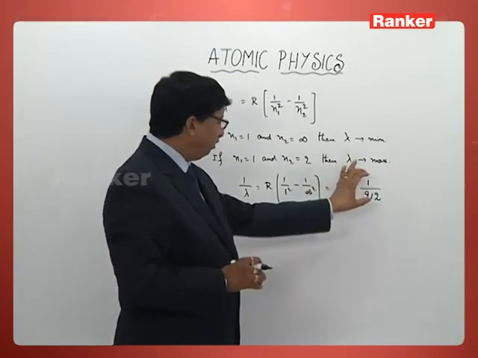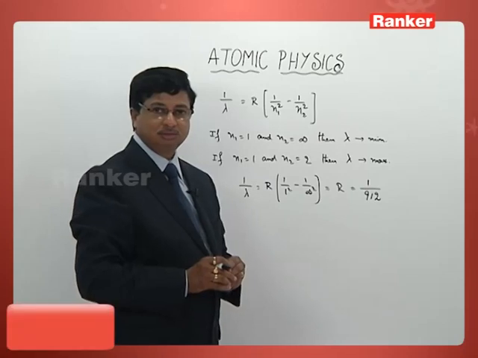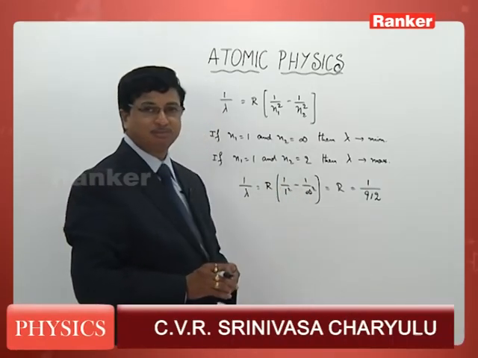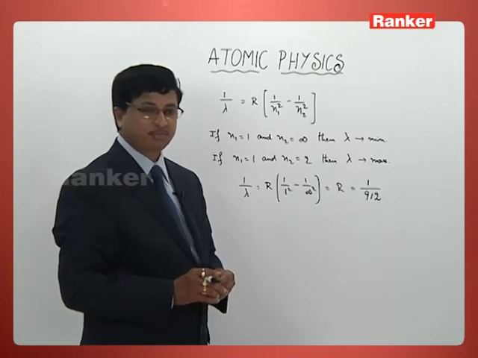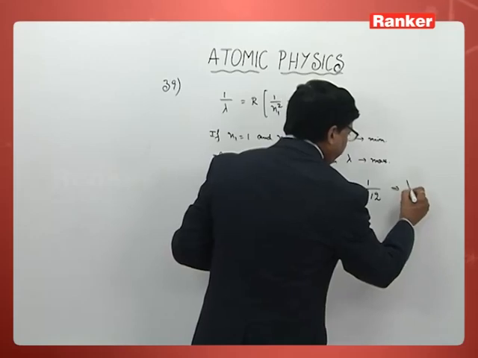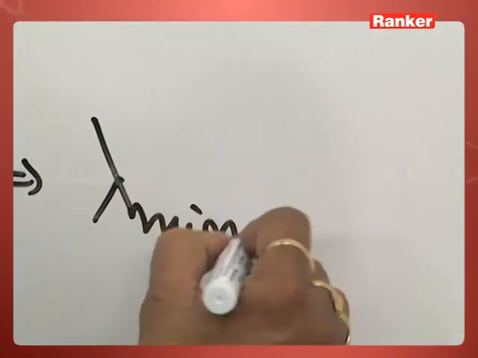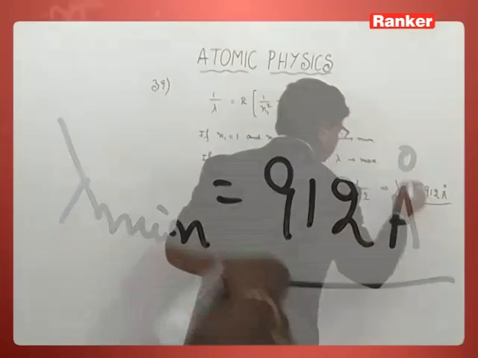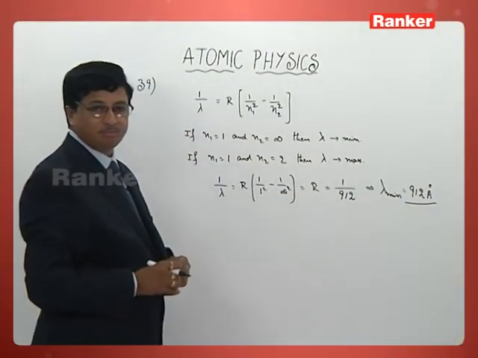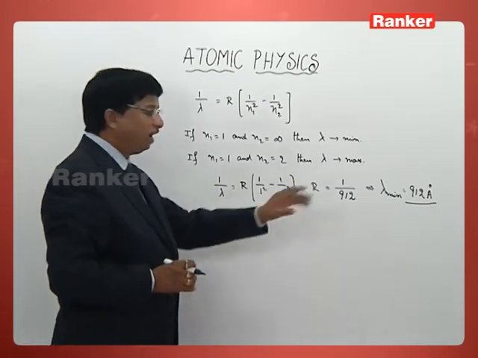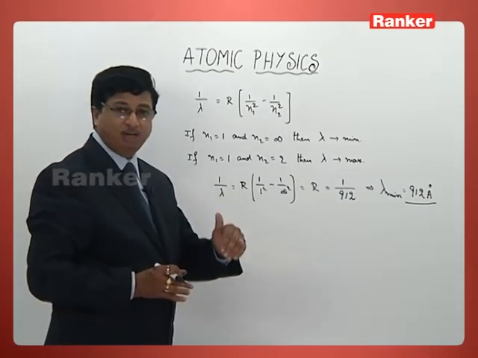If you can remember this value, it is easy for you to simplify the remaining calculation. Otherwise, it takes time. So what will now be the wavelength minimum over here? It's simply 912 angstroms straight. So what you should understand is this: the value of R is around 1 by 912.